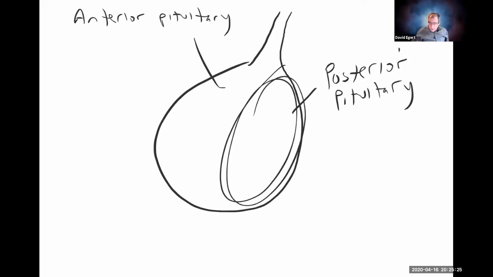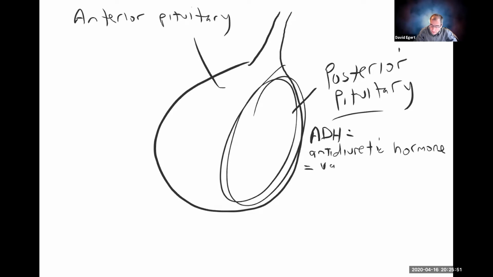And we can start with the posterior pituitary because there's only two instead of a bunch. One of them is ADH, also called antidiuretic hormone, also called vasopressin.